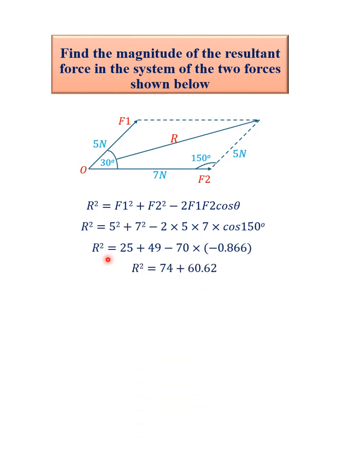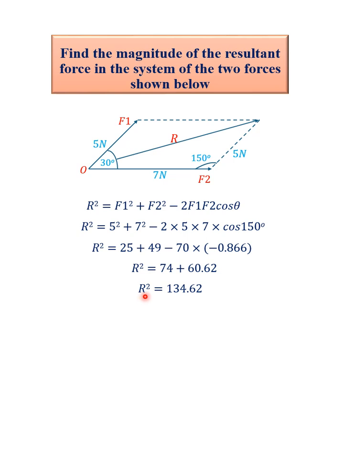So let's continue further. We now have R square equals 25 plus 49, which gives us 74, minus 70 times minus 0.866. Minus times minus gives us plus, and 70 times 0.866 gives us 60.62. If we add this together, R squared is equal to 134.62. We are looking for the resultant R and not R squared.